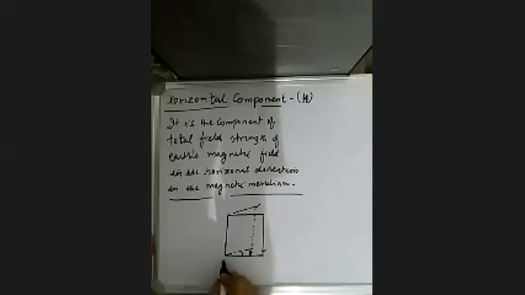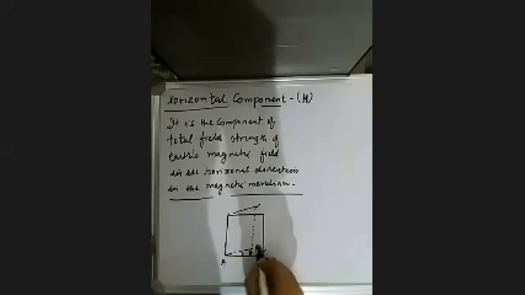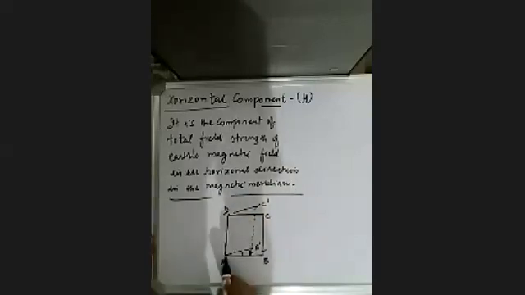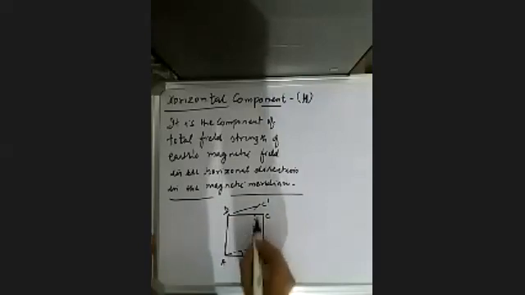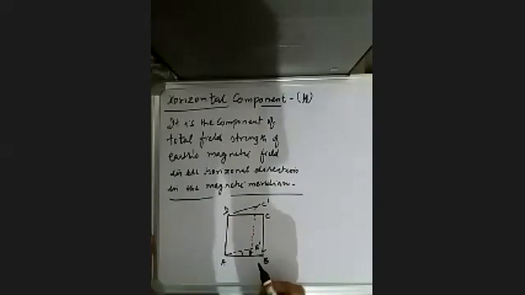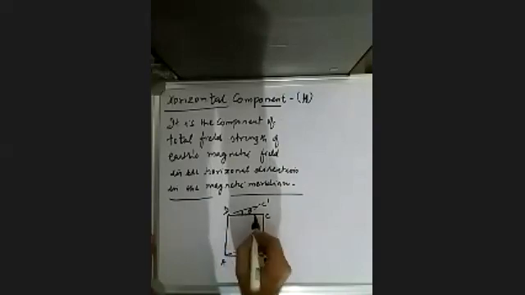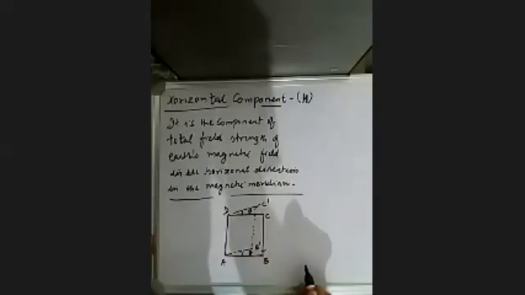Suppose this is A, B, B dash, C, C dash, and this is T. A, B, C, D is the magnetic meridian, and A, B dash, C dash, D is the geographic meridian, and the smaller angle between these two is theta. So this theta is the angle of declination.